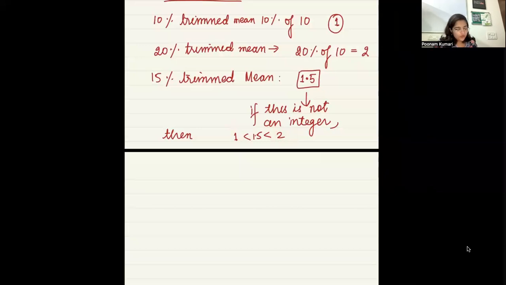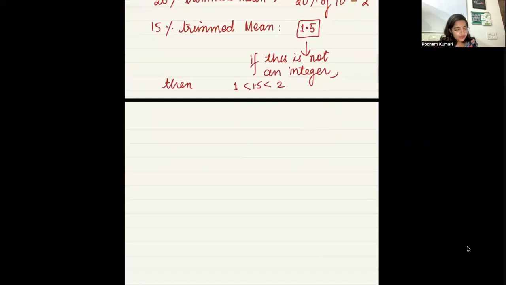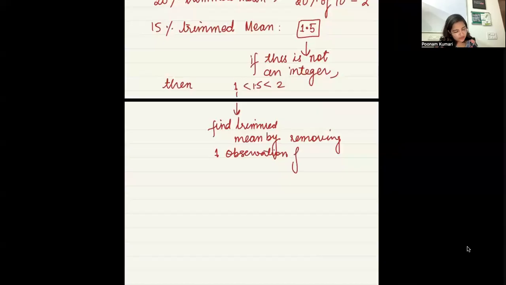Okay. So first you find the trimmed mean by removing one observation each from both sides.